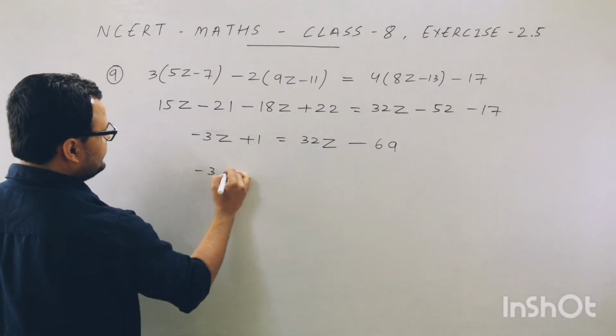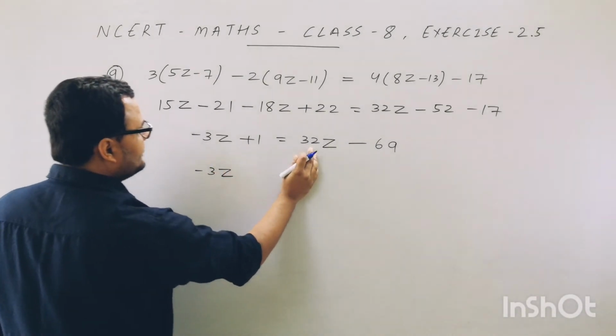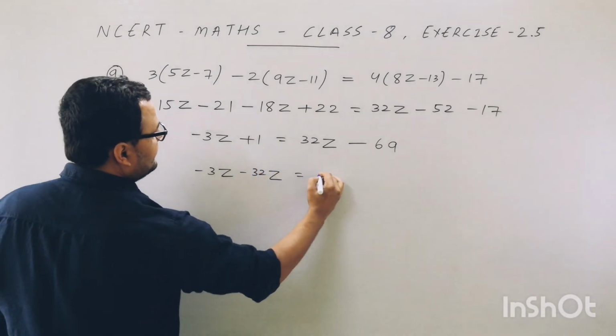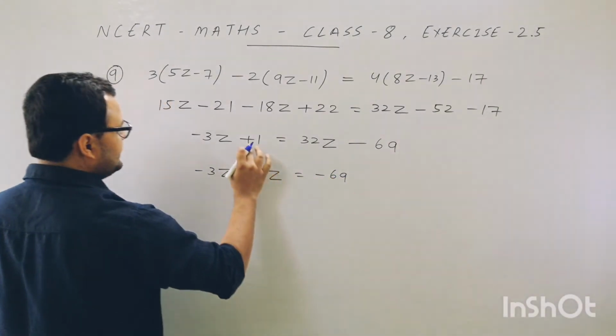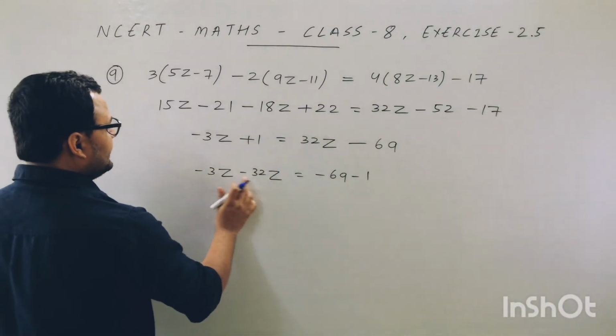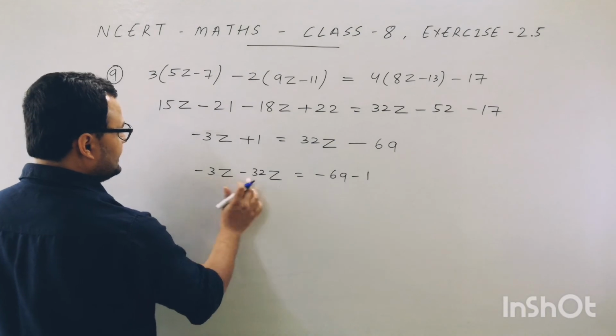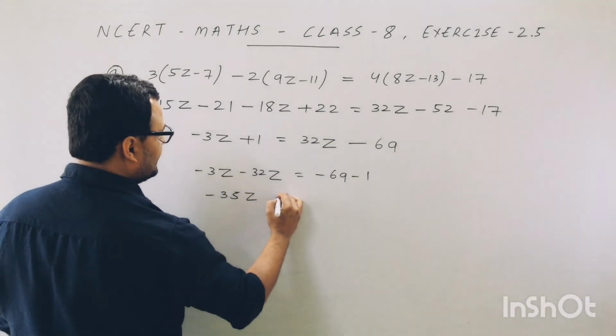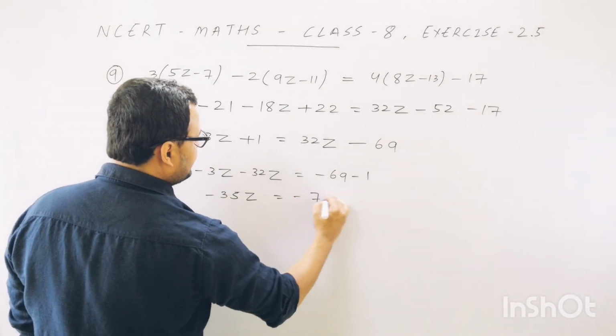Now minus 3z, this 32z will come this side, so minus 32z equal minus 69, this plus 1 will come this side, so minus 1. Now 3 and 32, 35, minus minus, it means minus symbol, so minus 35z equal again minus 70.